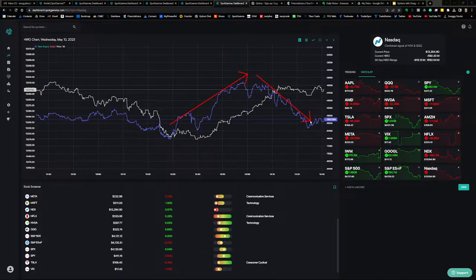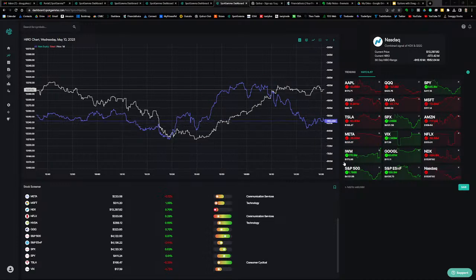Hero's providing great leading signals today, or what appears to be a leading signal for a potential move lower. But it definitely led this move higher at the NDX 13,200 level. All right, great signals today for Hero, leading signals for NASDAQ.